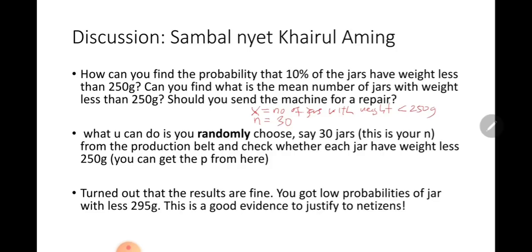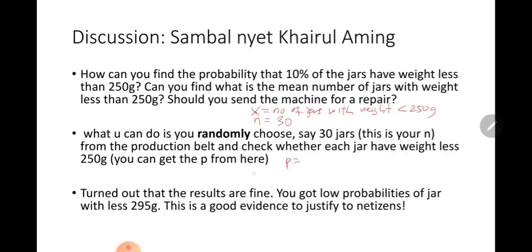So for P, one of the assumptions is that P should be constant. So you can take P from existing data that you have, or you can estimate it from how many out of 30 jars would have less than 250.